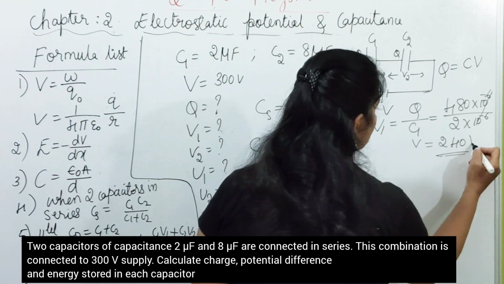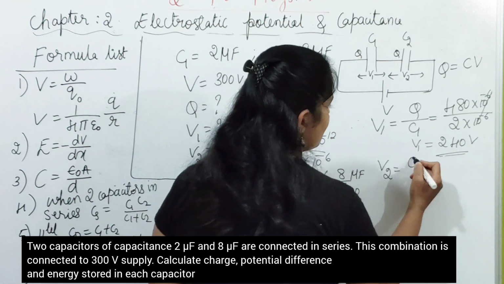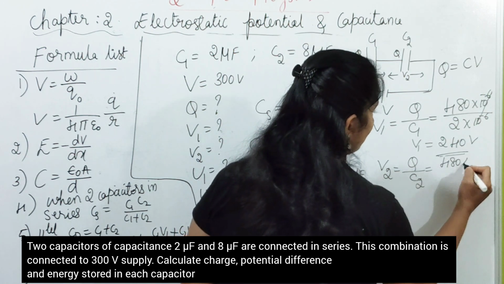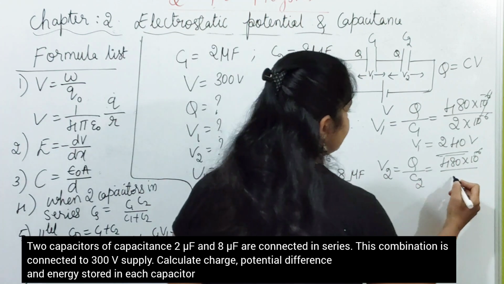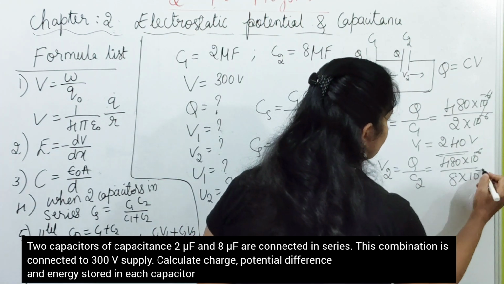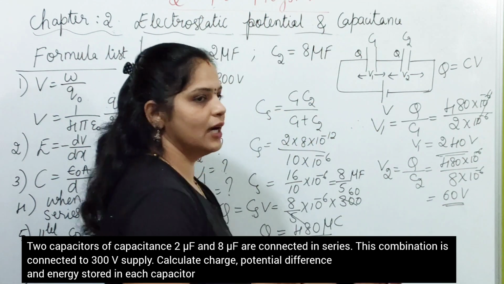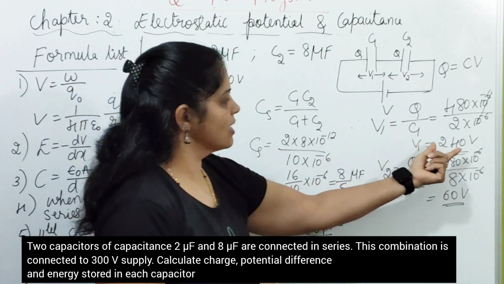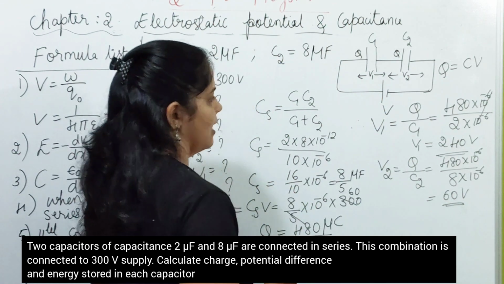Okay, V1 is 240 volt. Similarly, V2 is Q divided by C2. So Q is 480 into 10 to the power minus 6 and C2 is 8. It is 60 volt. And after adding V1 and V2, you should get 300. So let us check this. 240 plus 60 is 300 volt. So then it is correct.